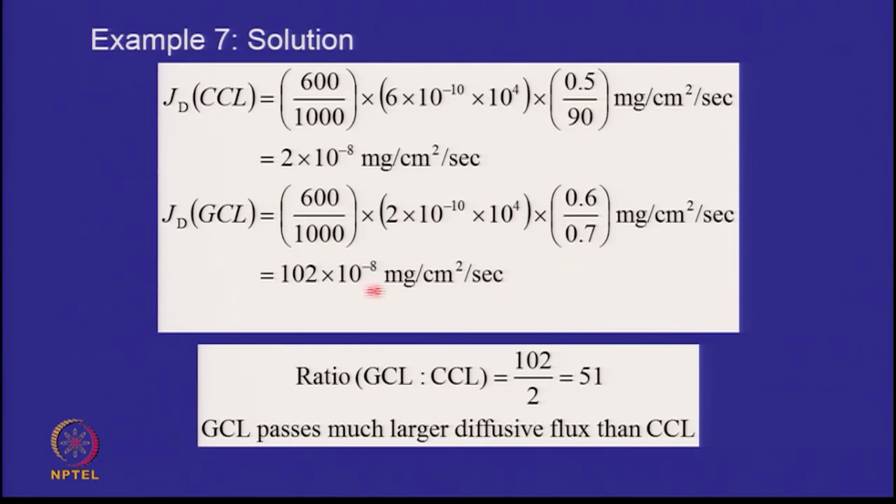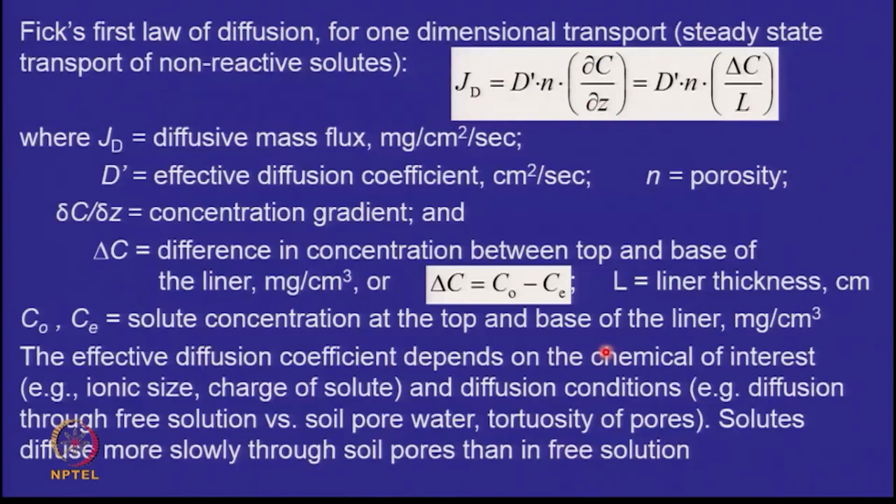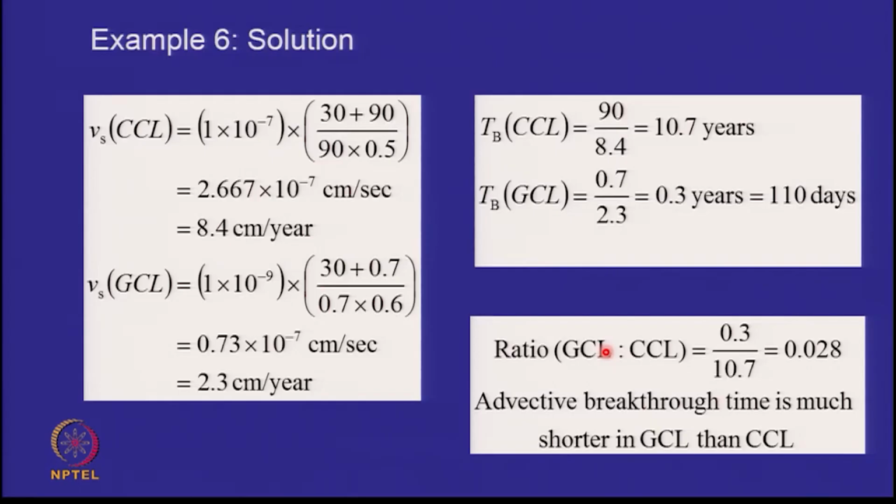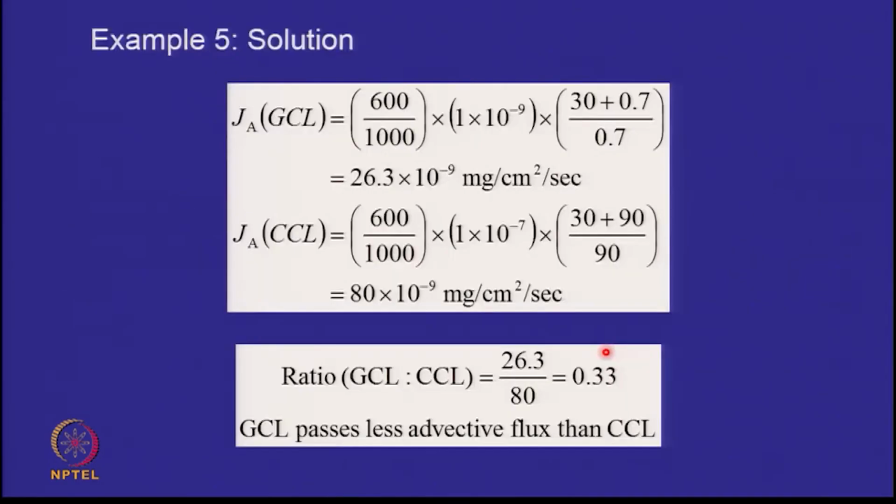So that is why the diffusive mass flux is larger, 51 times. Let's quickly go back to our advective mass flux and see what we calculated there. So advective mass flux was 2.6 into 10 to the power of minus 8 and 8 into 10 to the power of minus 8.